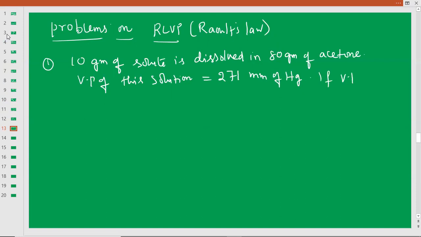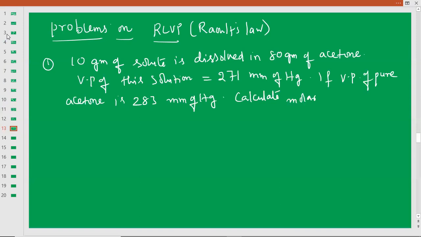If the vapor pressure of pure acetone is 283 millimeter of Hg, then they are asking us to calculate the molar mass of solute. Calculate the molar mass of solute. Okay.